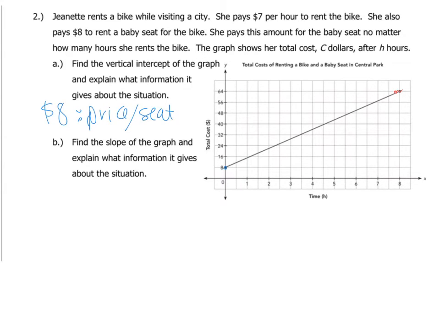And it goes up from 8 to 64. So that is going up $56. So it went up $56 over 8 hours. So per hour is 7, which we knew above. So that's $7 per hour to rent the bike.